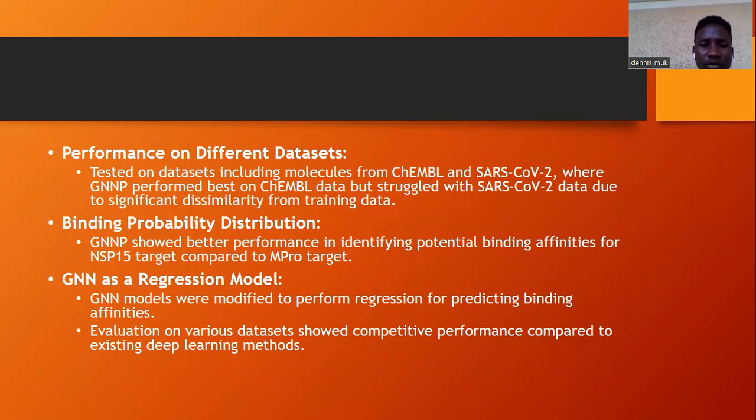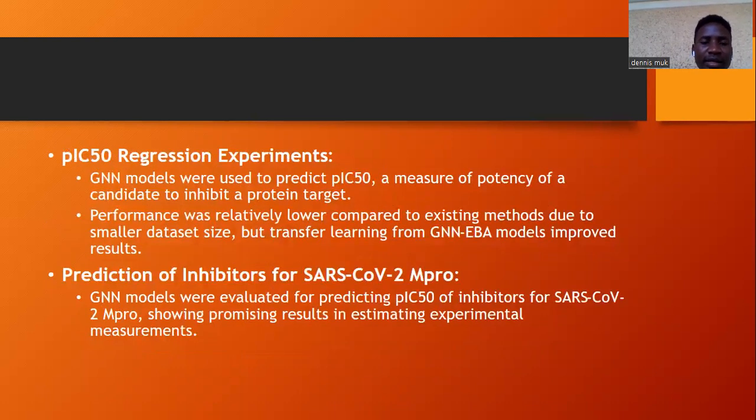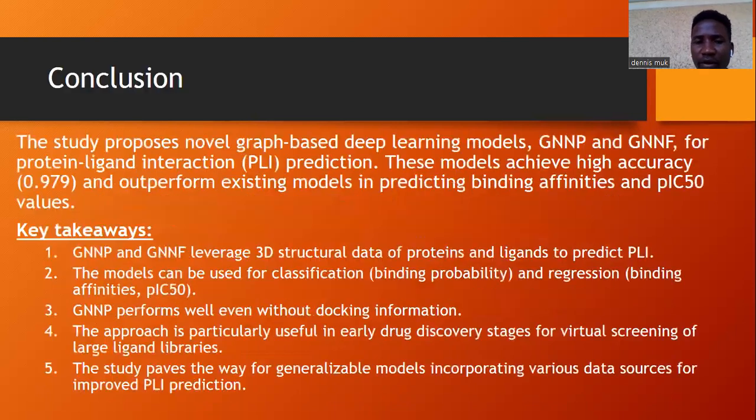The evaluation of various datasets shows competitive performance compared to existing deep learning methods. So we looked at PIC50 regression experiments, then a prediction of inhibitors for SARS-CoV-2 MPRO.